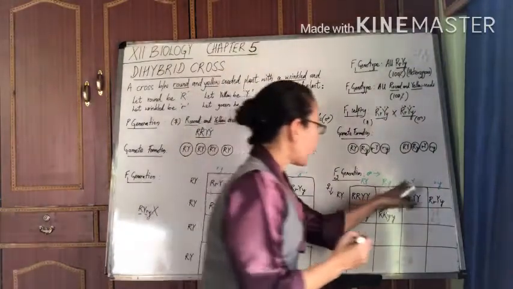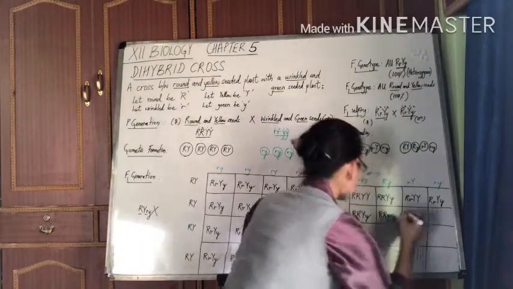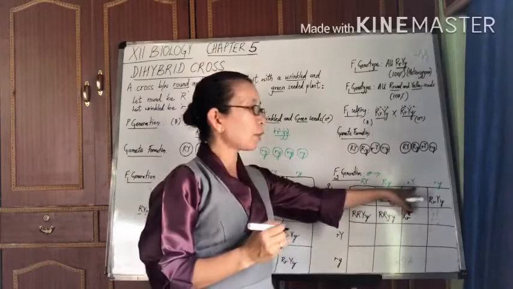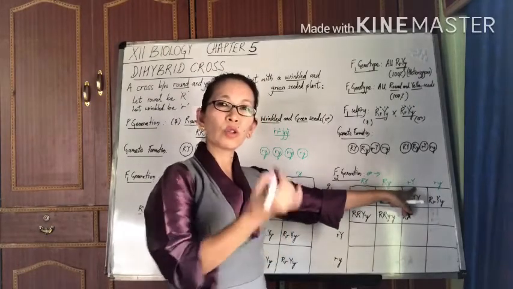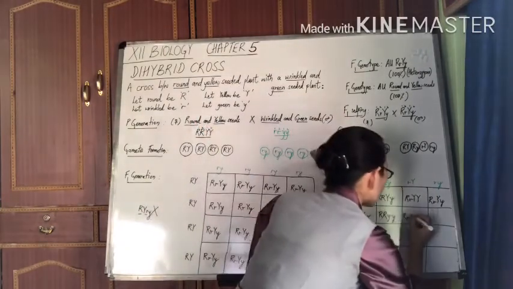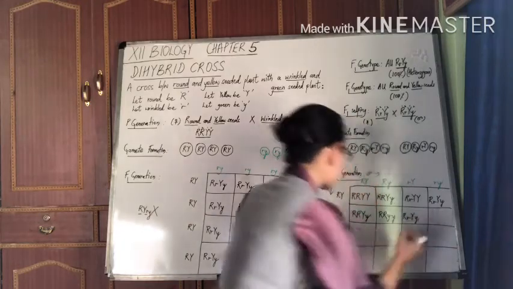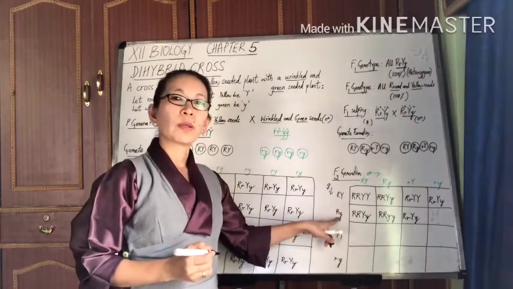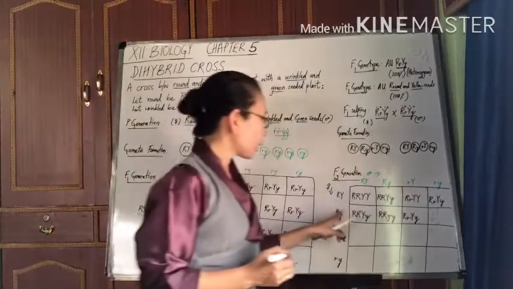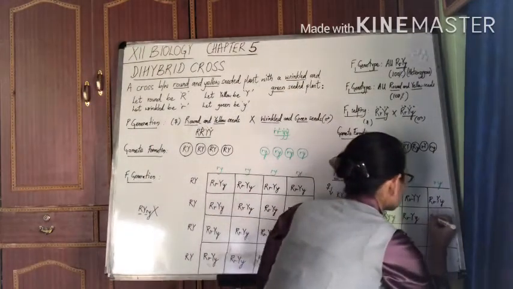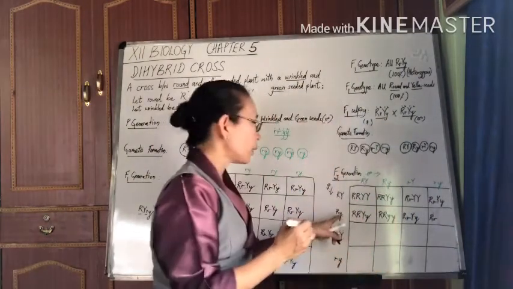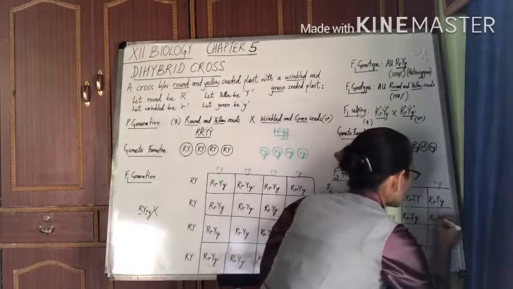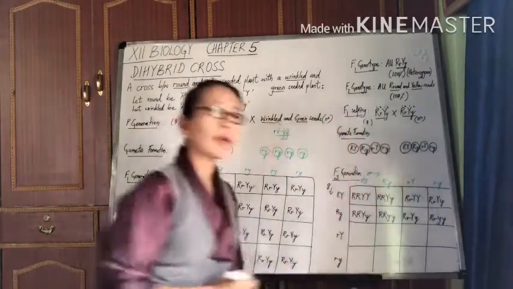Next one, capital R, small r, and small y, capital Y again. So I need to reverse this with capital Y first and small y. And the last one is capital R, small r, small y, small y.